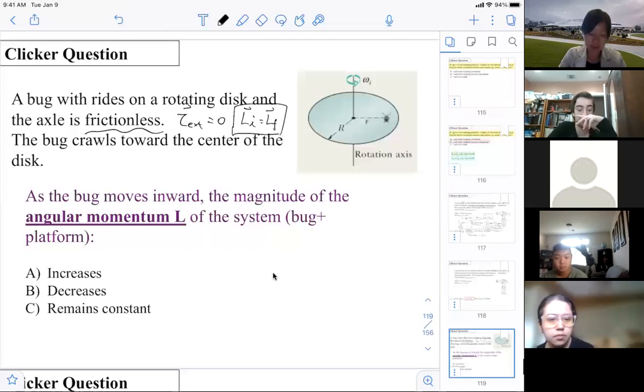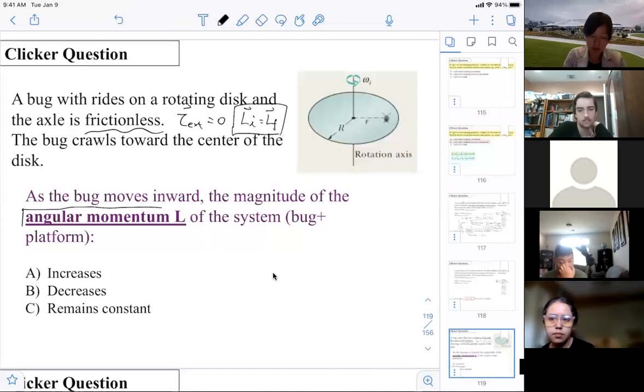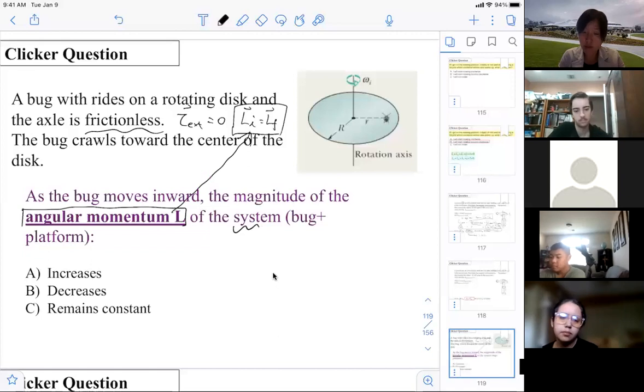All right, what is it asking us? It's asking about angular momentum. And what had we just talked about regarding the angular momentum of the system? This is asking for the system, not even just part of the system. The angular momentum of the system remains what? Constant.